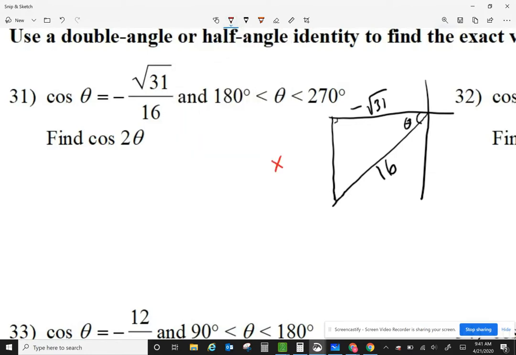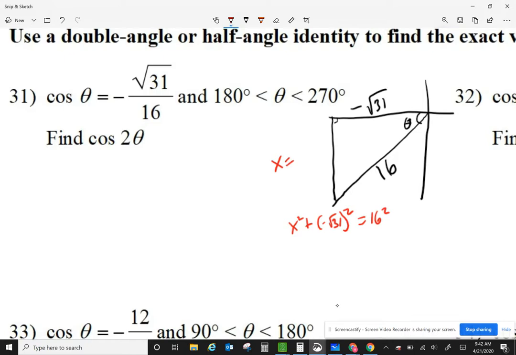I don't know this side. I'm going to call it x. But because of the Pythagorean theorem, I can solve for that side. I know that x squared plus the negative radical 31 all squared is equal to 16 squared.